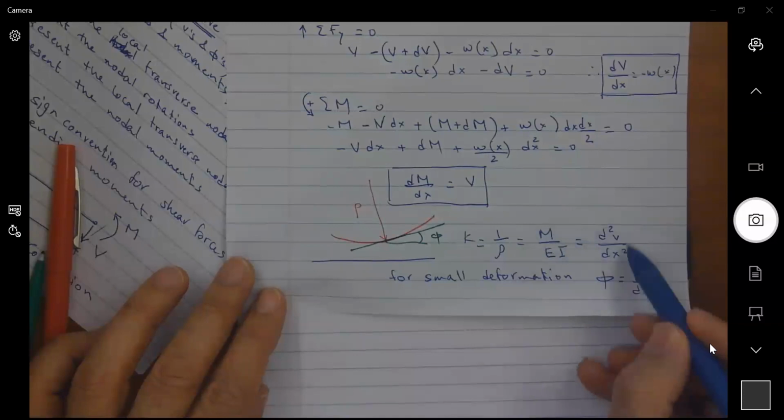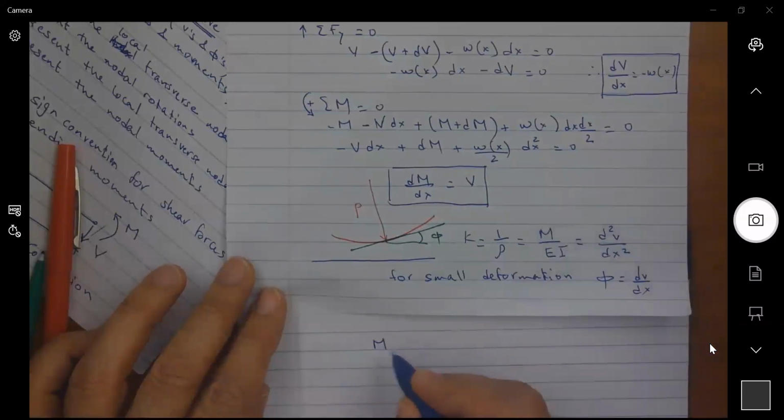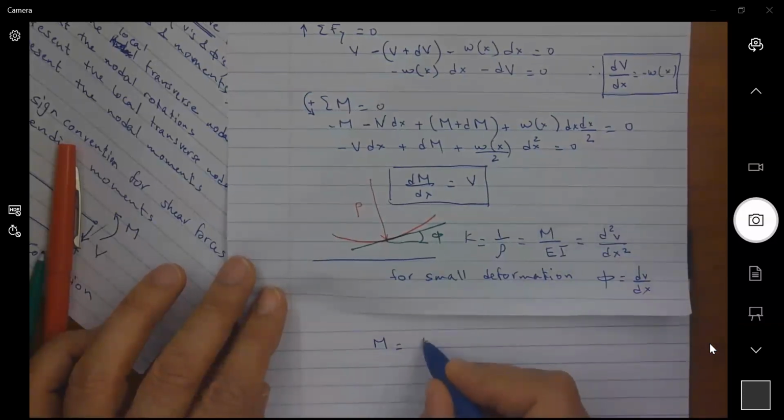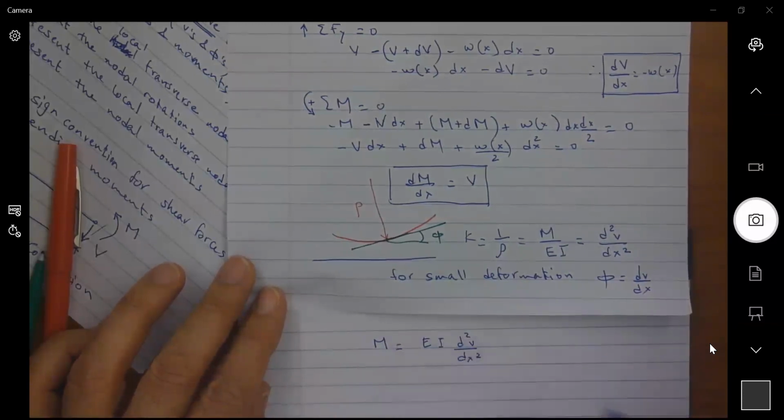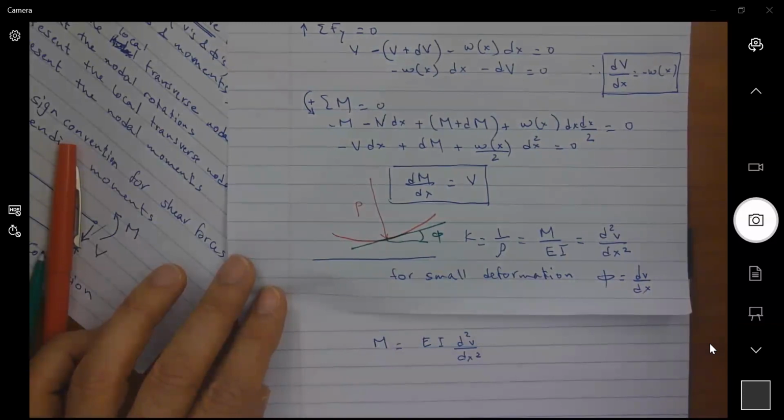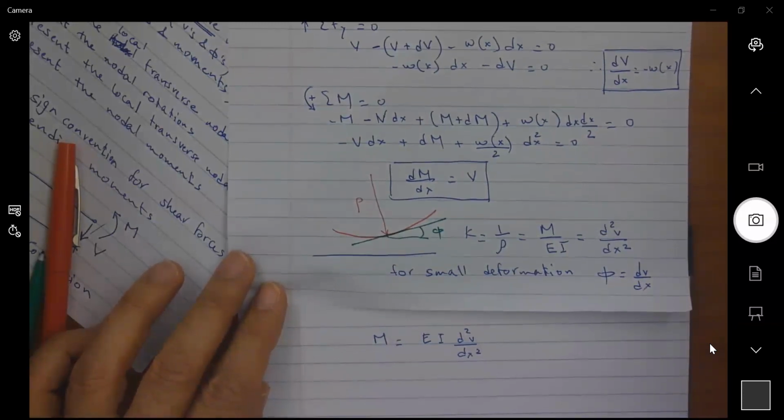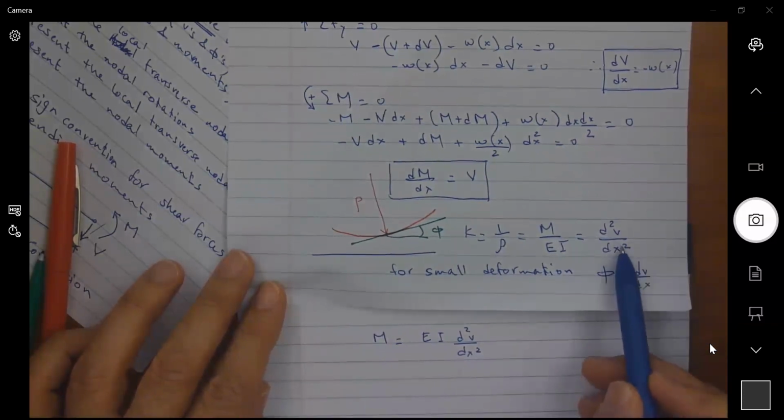And when I look at this, I can write that M is equal to EI d2v by dx squared. This is from calculus, by the way, based on curvature.